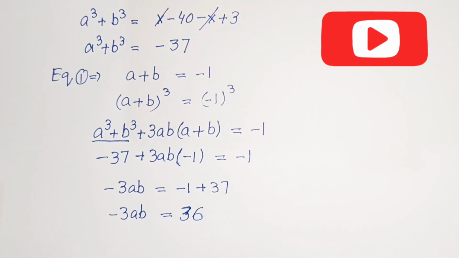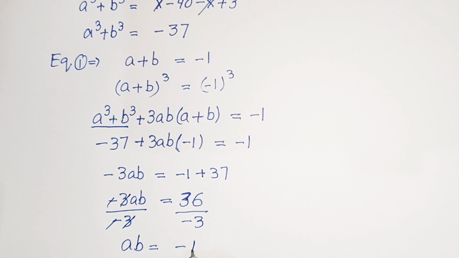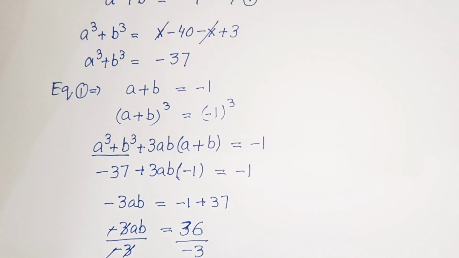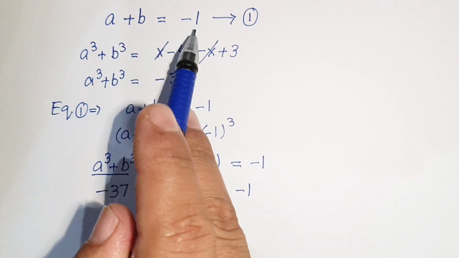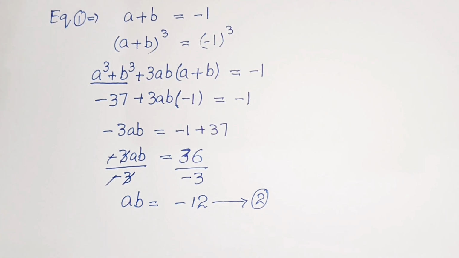To find the value of ab, we divide by minus 3 on both hand sides, and we get a times b is equal to minus 12. Let's say it is our equation number 2. So we have two equations: equation 1 is a plus b is equal to minus 1, and equation 2 is a times b is equal to minus 12.